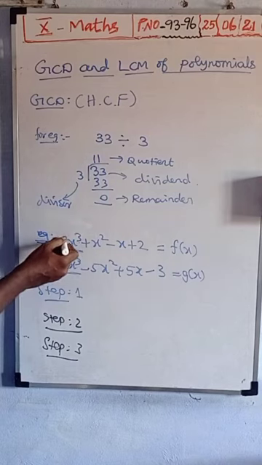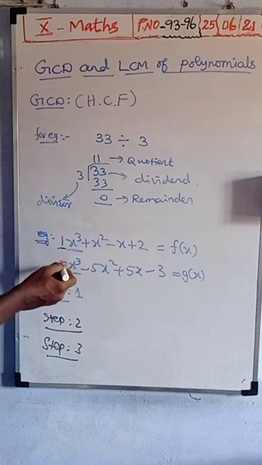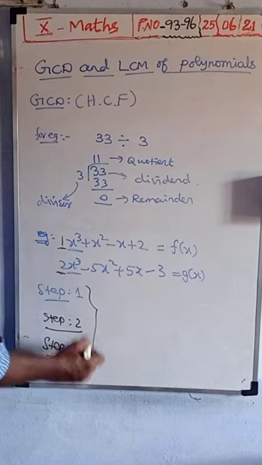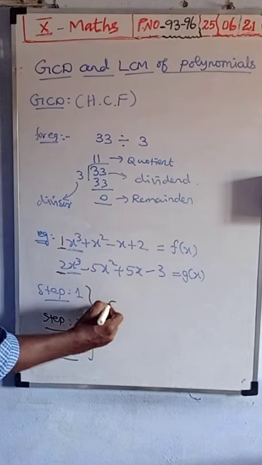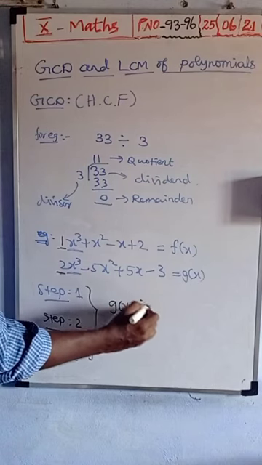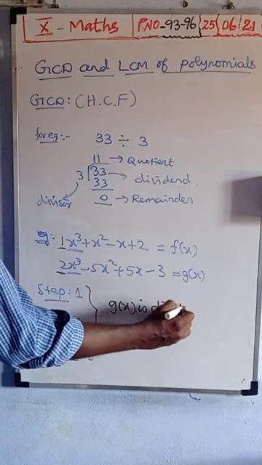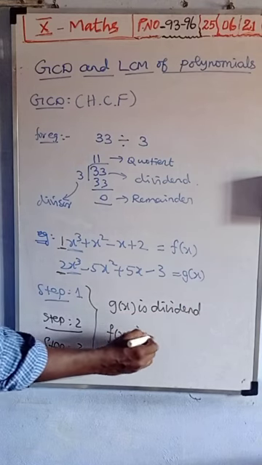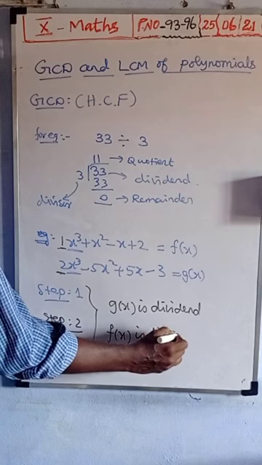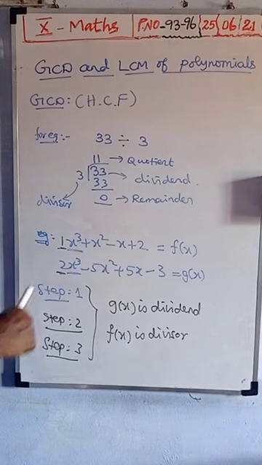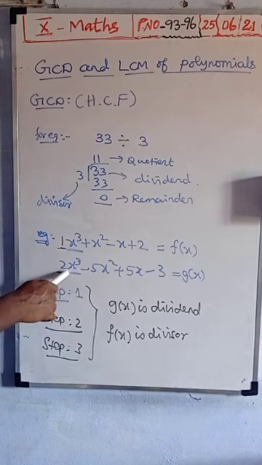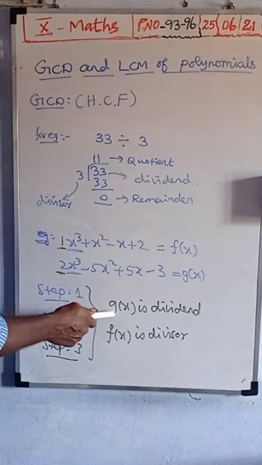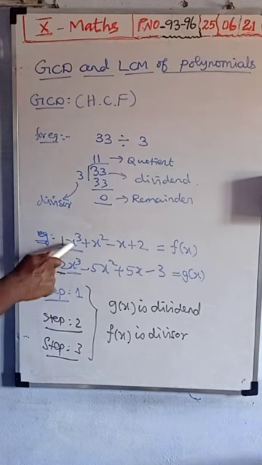The x cube coefficient here is 1 and here it is 2, so g of x is the dividend and f of x is the divisor. Because this coefficient is the highest, this is the dividend. g of x goes inside and f of x is outside.